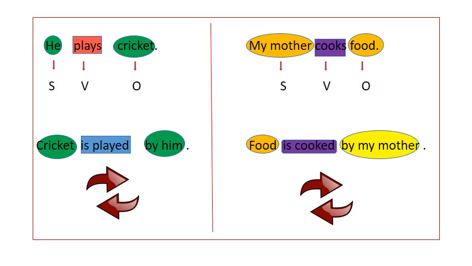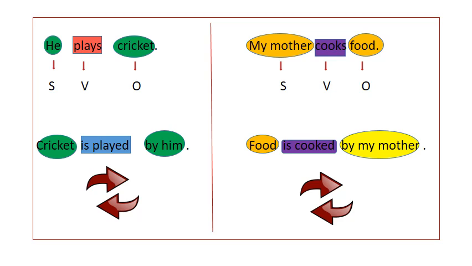Another example is also there on the screen. "My mother cooks food." My mother is the subject of the verb in an active voice sentence, and food is the object of the verb in the same sentence.